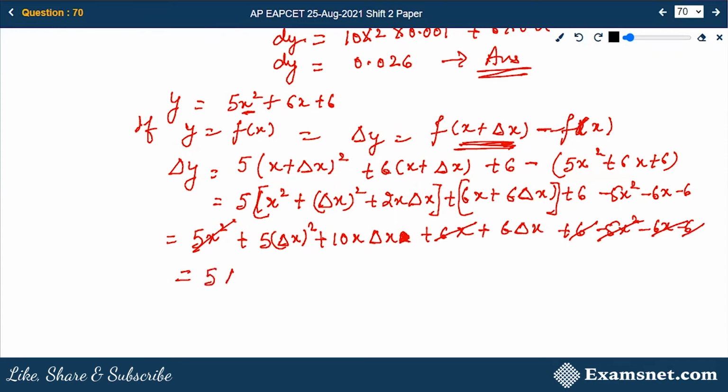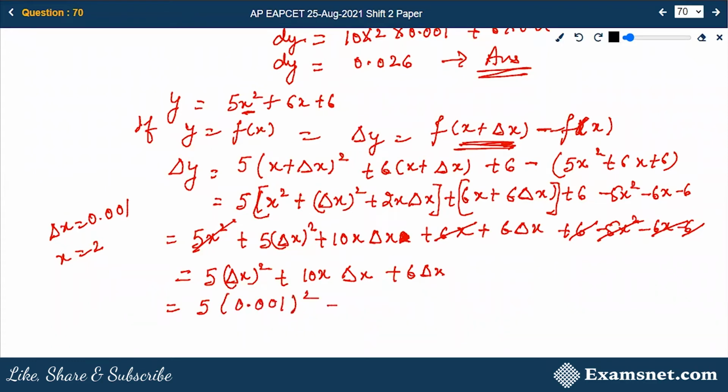And I will be left with 5 delta x square plus 10x delta x plus 6 delta x. Now it is simply the time to fill in the values. Delta x was equal to 0.001, x was equal to 2. We have everything, you just need to fill in the values now.